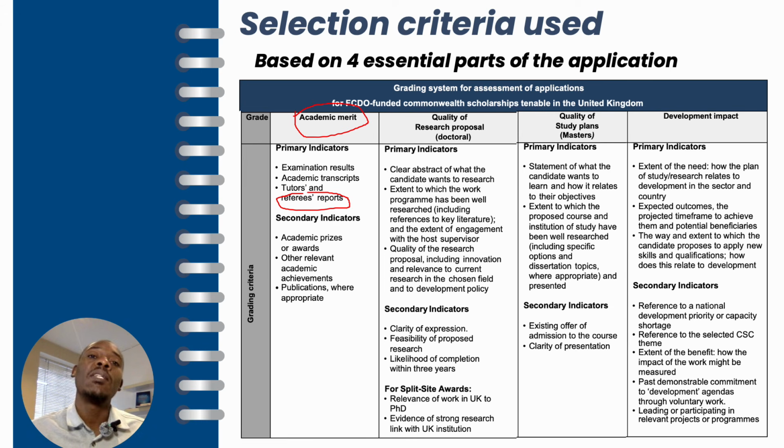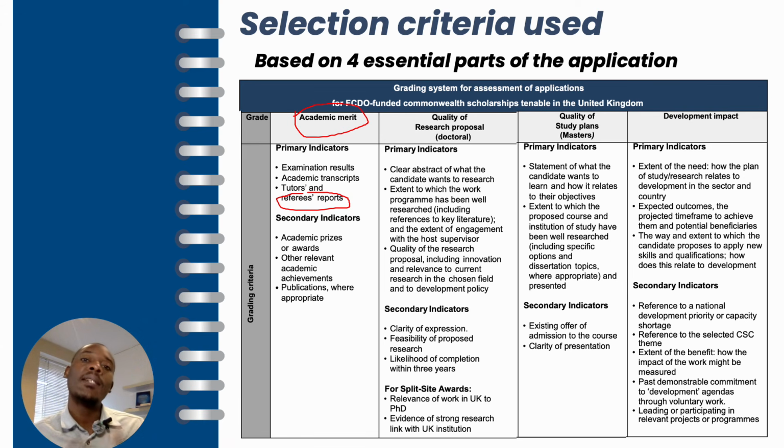You can also link it to, if you're coming from Africa, the Agenda 2063, the Africa that we want. You can read more and see what the African Union has set a target for the 2063. So those will be the primary indicators that they'll be looking for to select you as a master's or as a PhD candidate, and also the secondary indicators.